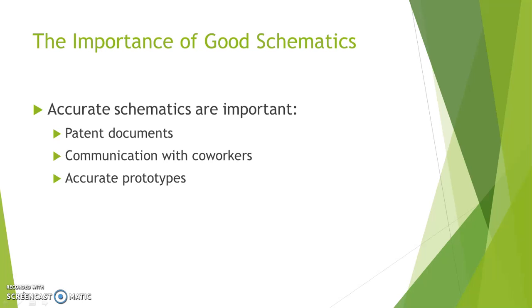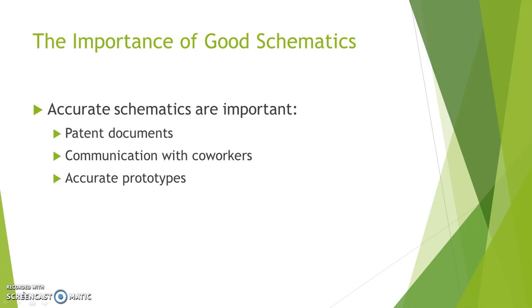So, accurate schematics are extremely important. Even if we are a small organization, we may have to submit patent documents for a broader audience, the entire world. If we're a medium-sized organization, we'll be communicating with coworkers down the hall. If we're a larger organization, we may be communicating with coworkers around the world.